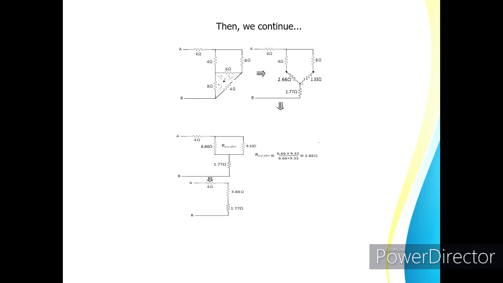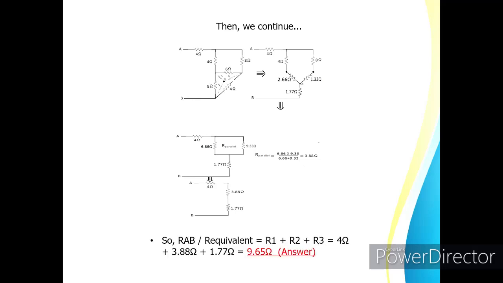So it forms a series circuit. Then you will get the final answer of R equivalent or RAB, which is R1 plus R2 plus R3. Then you get the answer 9.65 ohms.